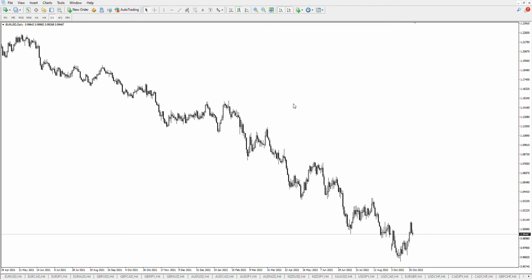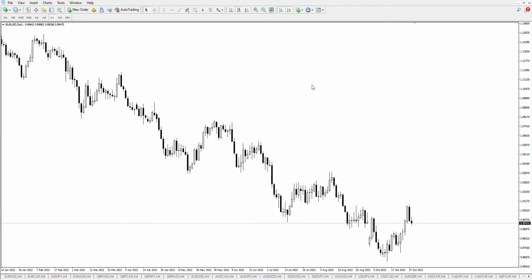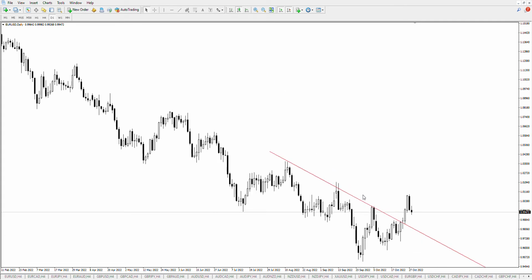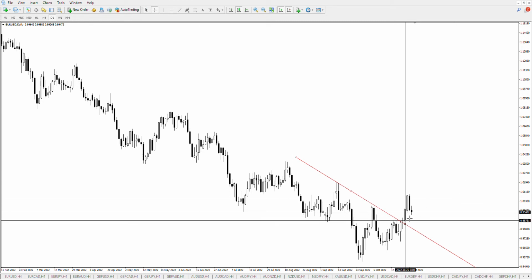Here you see, we connect two lower highs, and here you see a gap between two candles.